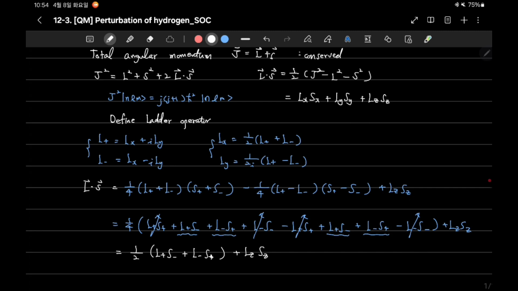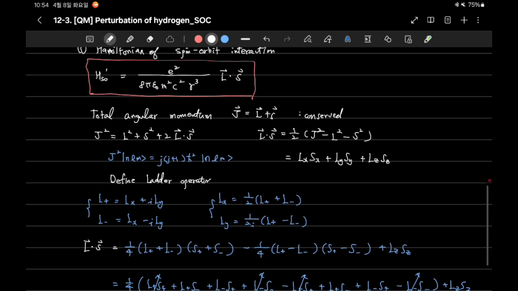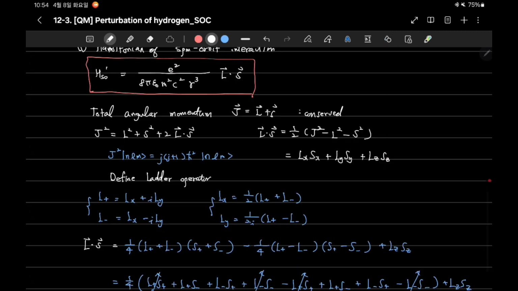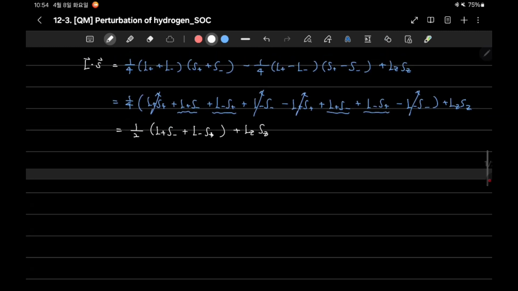This ladder operator part and L_z S_z can be handled by the quantum mechanical eigenvalue equation, and J squared minus L squared minus S squared is also defined by the eigenvalue equation. So we can calculate the first order perturbation.